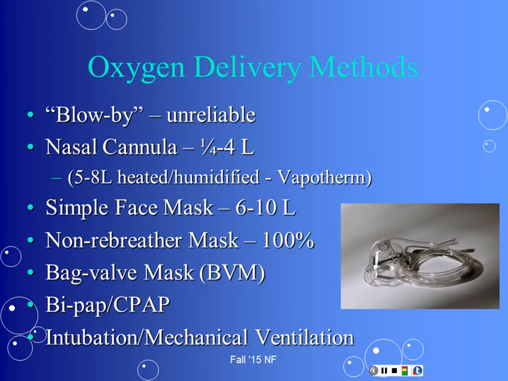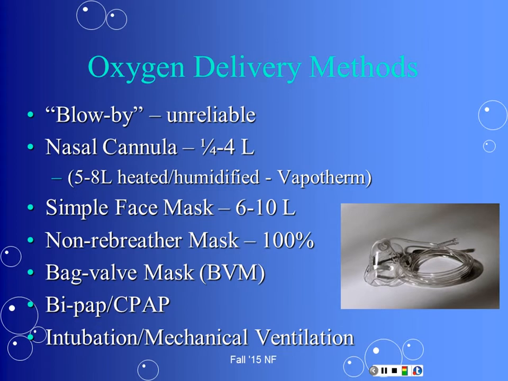We know the oxygen concentration of room air is what? 21% or 0.21. With a venti valve or Venturi valve, you hook it up and it can deliver anywhere from 23 to 40 or 45% oxygen, because what it does is blend the oxygen with the air. So it's something they can do in the middle.